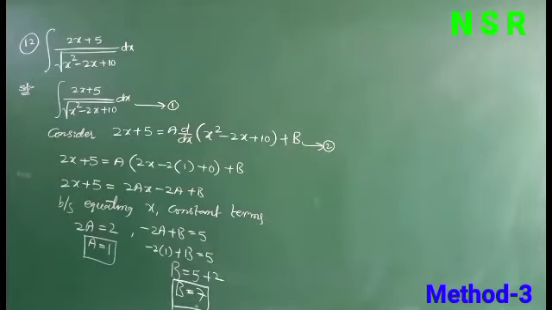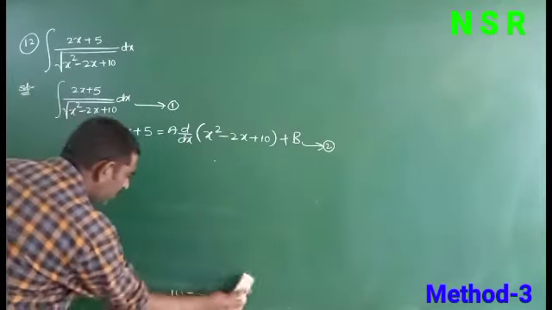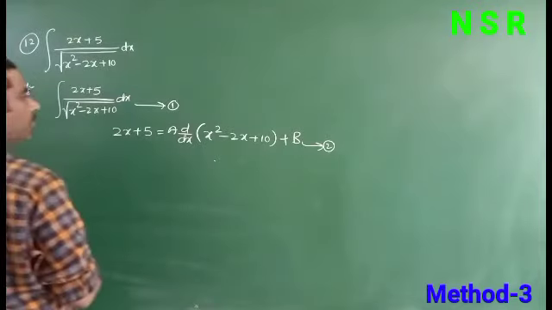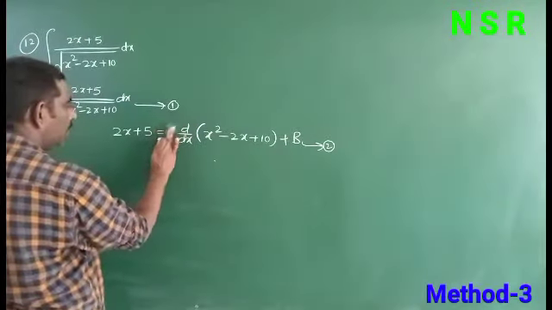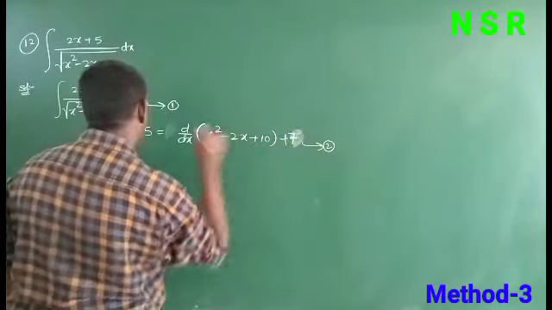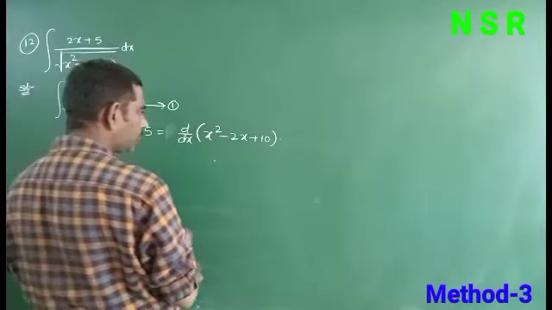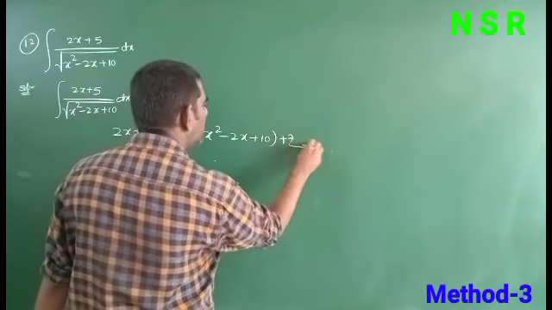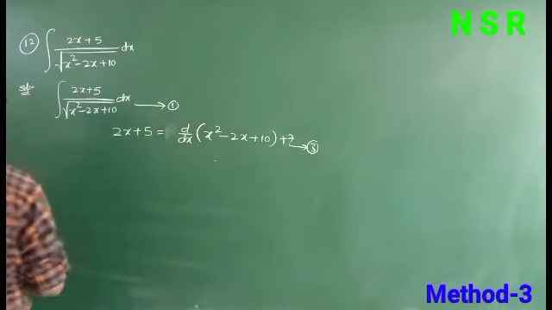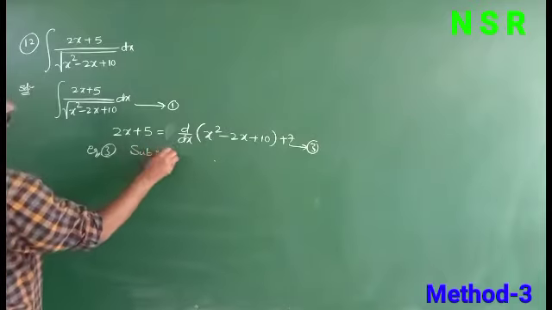So we get A value 1 and B value 7. Substitute these A and B values in equation 2 to get equation 3. So equation 2 becomes 1 into d by dx of (x square minus 2x plus 10), plus 7. This is equation number 3. Now substitute equation 3 in equation 1.